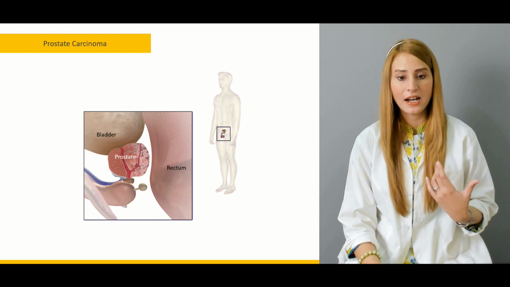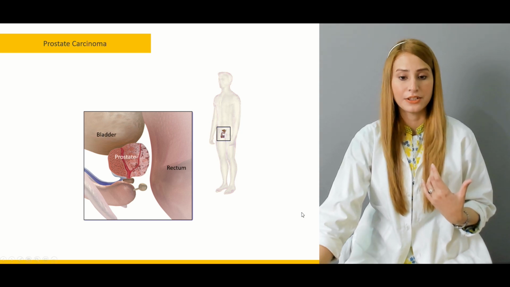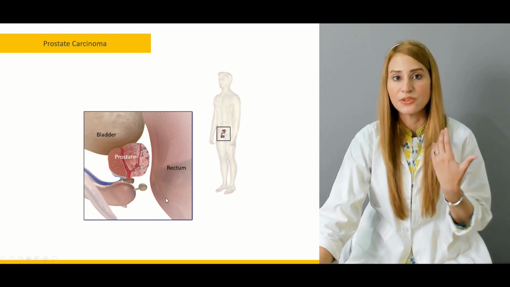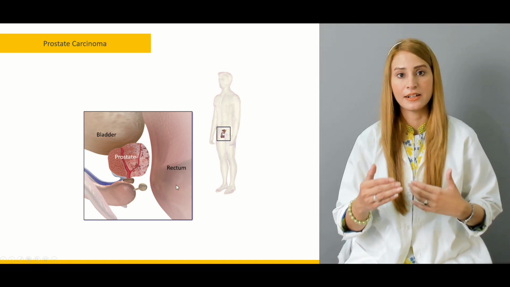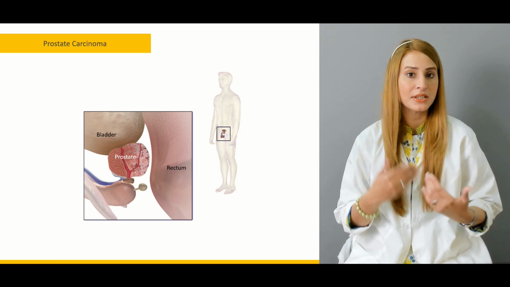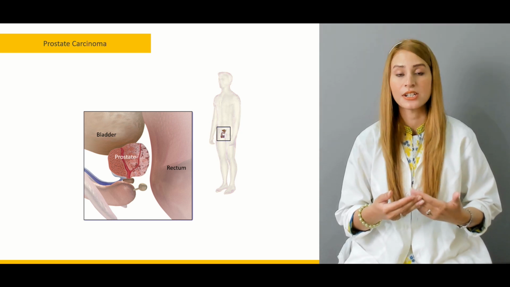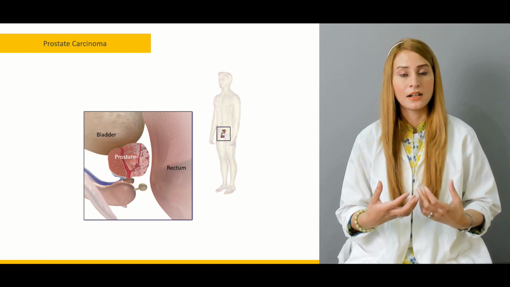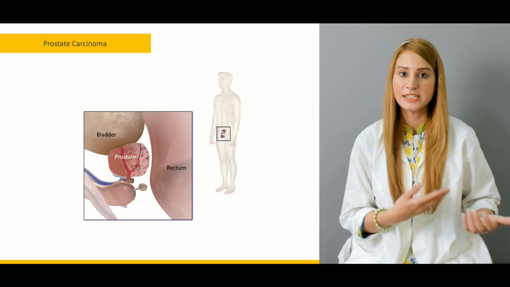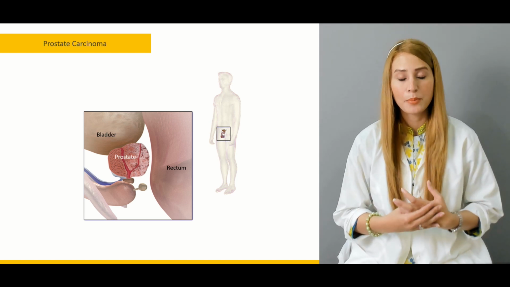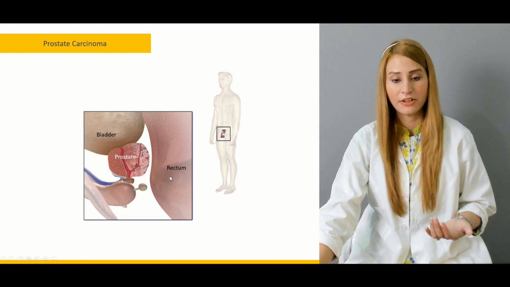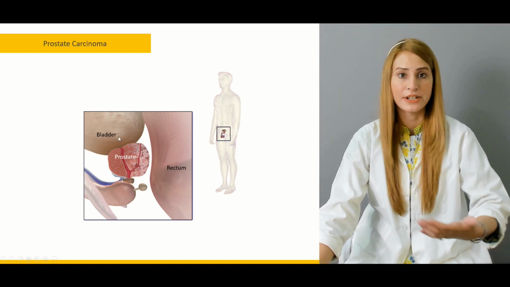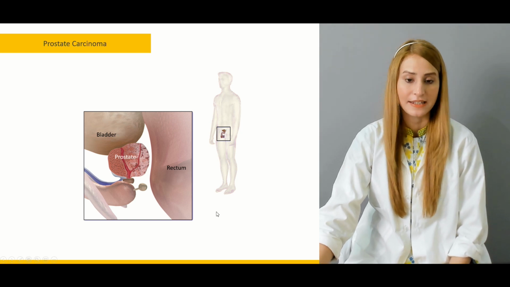If you look at this diagram, you can see the prostate is related to the rectum. Because of this relationship, when you're performing the digital rectal examination, you can actually palpate the prostate gland rectally. You can see the rectum is located posteriorly to the prostate, and the bladder is located in front of the prostate.